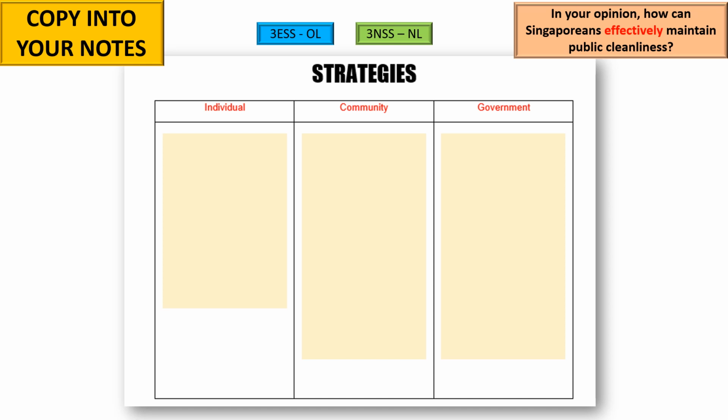For this, you can copy into your notes. I think there is a part there for you to copy. So again, let's recap the question. The question is, in your opinion, how can Singaporeans effectively maintain public cleanliness? And, like I repeated just now, you cannot give the example of returning the tray in a hawker center. So as an individual, what can you do?